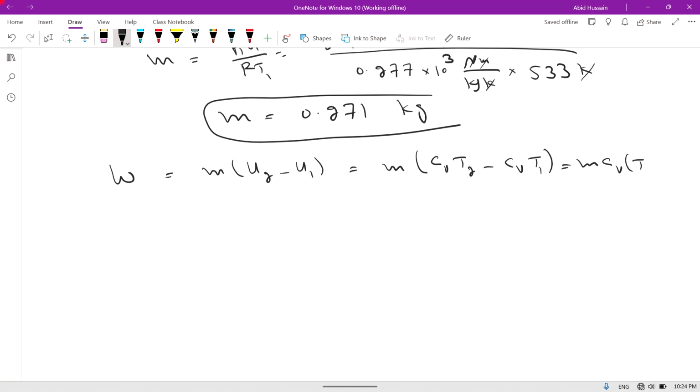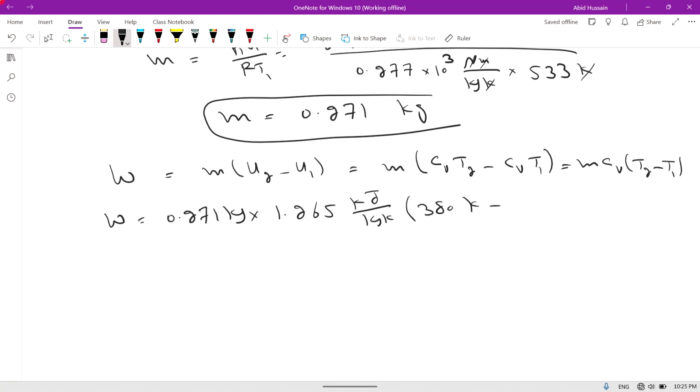Putting values: m is 0.271 kilogram multiplied by Cv, which is 1.265 kilojoule per kilogram per Kelvin, and T2 is 380 Kelvin minus T1, which is 533 Kelvin.